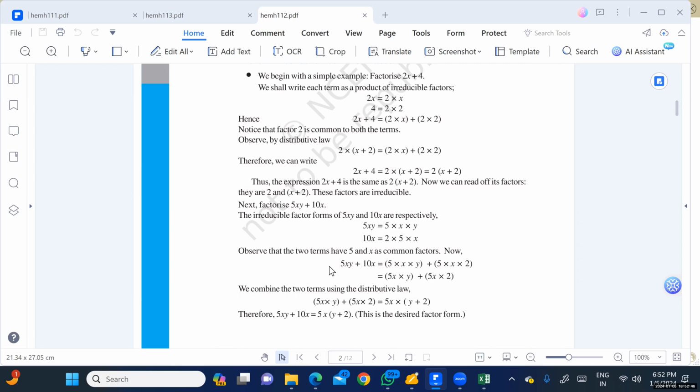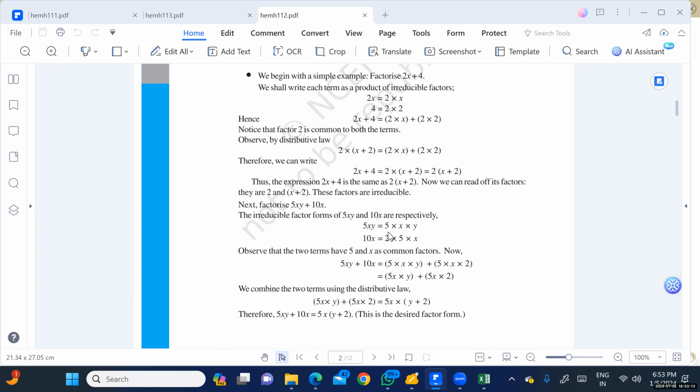Now, it says observe that the two terms have 5 and x as common factors. Here 5 and x are common. The moment we have something common, we will take it outside. 5 is common, x is common.